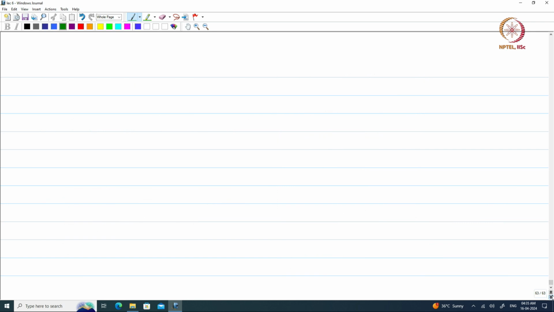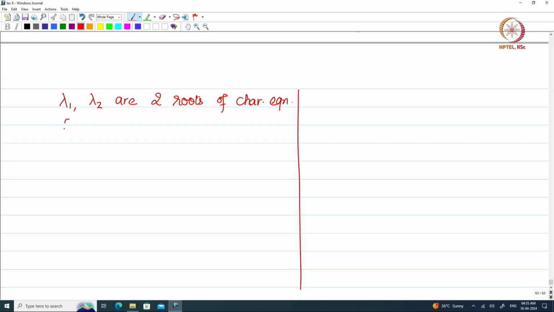So, what we have now, we will have two roots, namely lambda 1 and lambda 2, the two roots of the characteristic equation of A, a 2 by 2 matrix. Lambda 1 is one eigenvalue and lambda 2 is another eigenvalue.